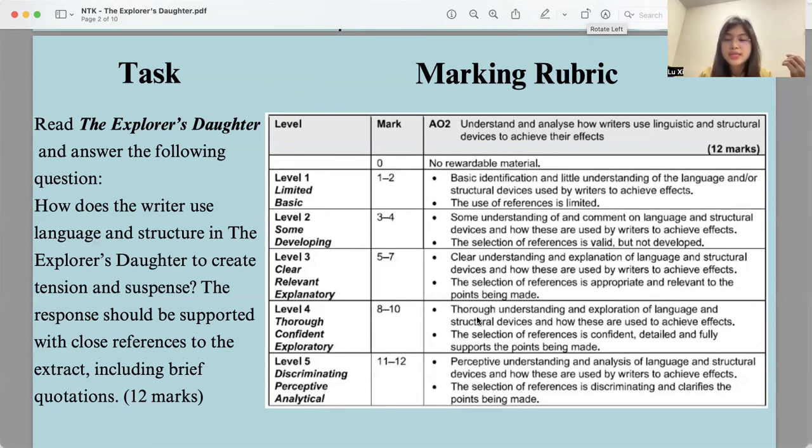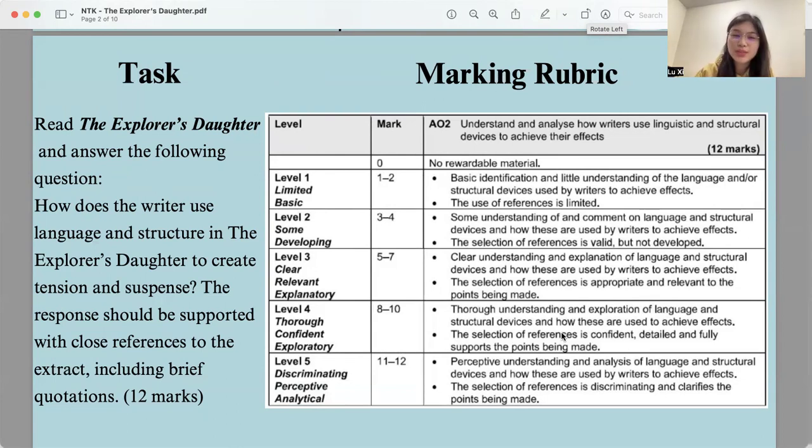If you want to get marks 8 to 10, you need to provide a thorough understanding and exploration of language and structural devices, as well as how these are used to achieve the effects. What effects? The effects of tension and suspense. And so the selection of references is confident, detailed, and fully supports the points being made.